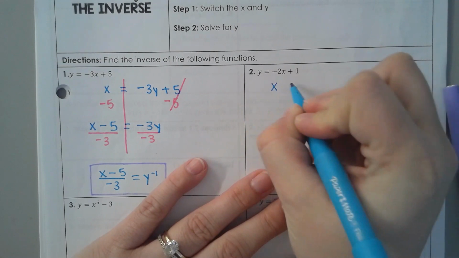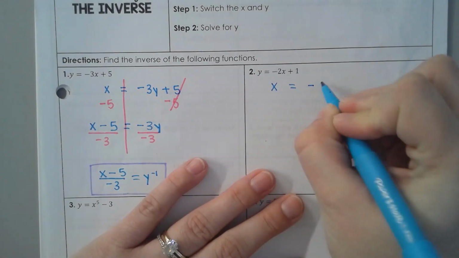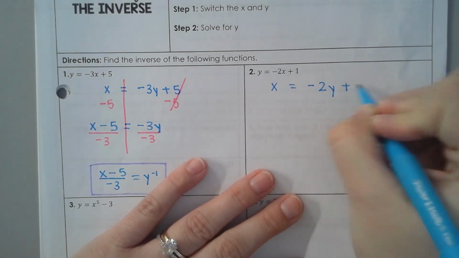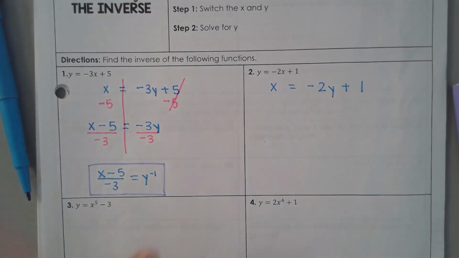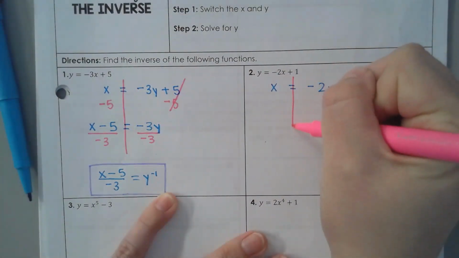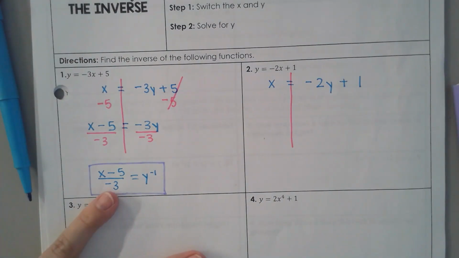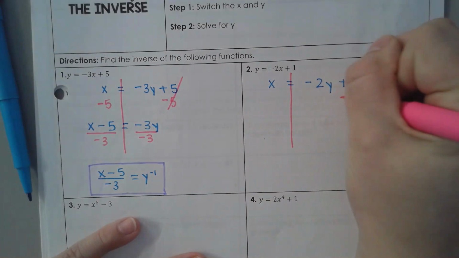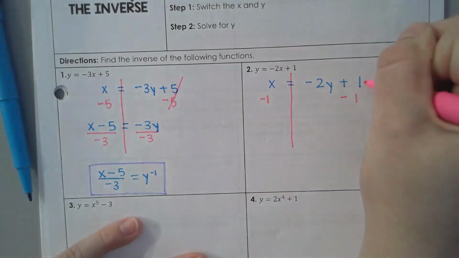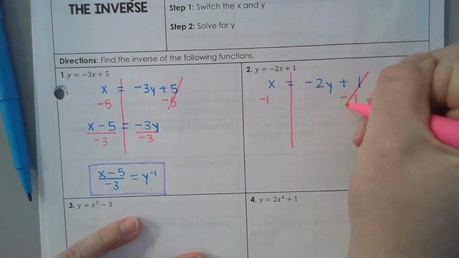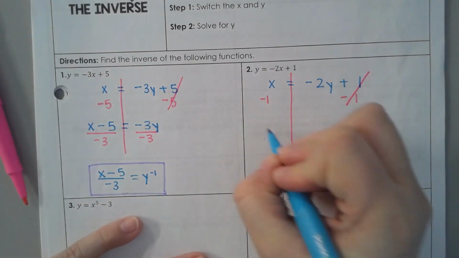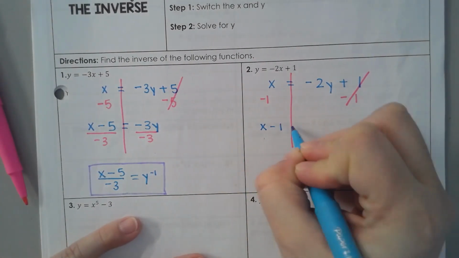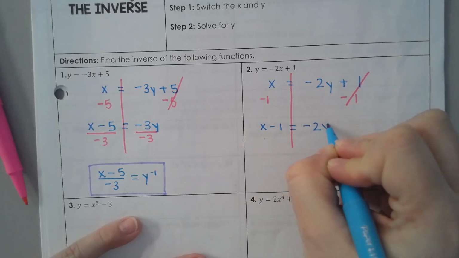x equals -2y plus 1. This one's very similar to number 1. What would you do first? Yep, minus 1, which causes those to cancel, and we write it as x minus 1 equals -2y.